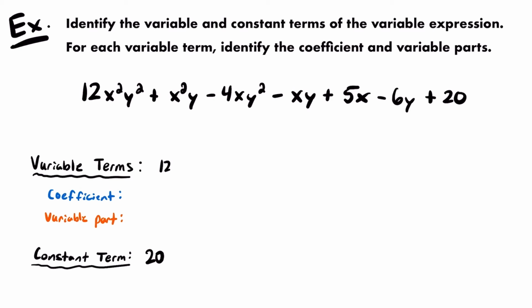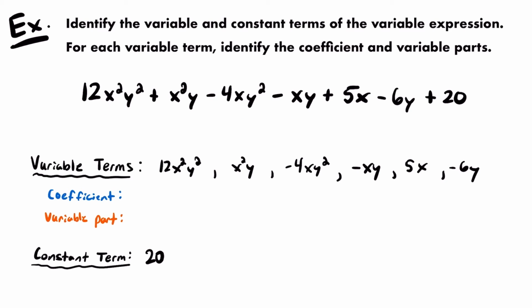We have 12 times x squared times y squared, and then x squared times y, and then negative 4x y squared, and then negative x times y, 5x, and negative 6y. All right, I just wrote down each of the variable terms that we can see right here in our variable expression.